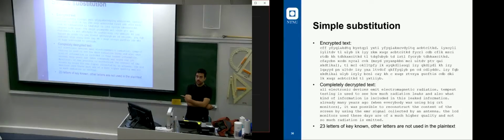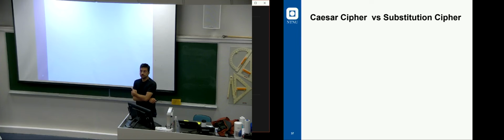We read about Caesar, we talk about substitution methods, and can you differentiate them? Can anyone tell me a single difference between the substitution method and Caesar cipher?